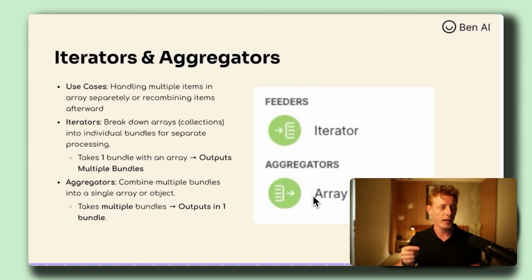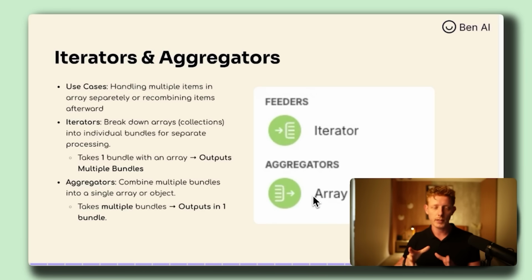Because the way it works in Make.com, a bundle is usually just a JSON or an object with stored values. But in Make.com specifically, bundles are the ones that are processed separately. So as soon as you see a module outputting multiple bundles, you know that the next module is going to run the automation for each of the bundles separately.